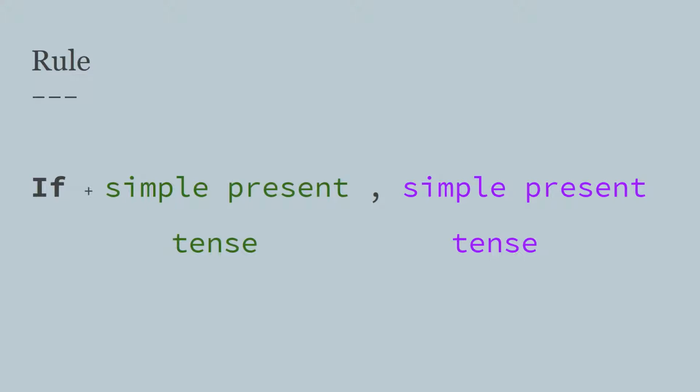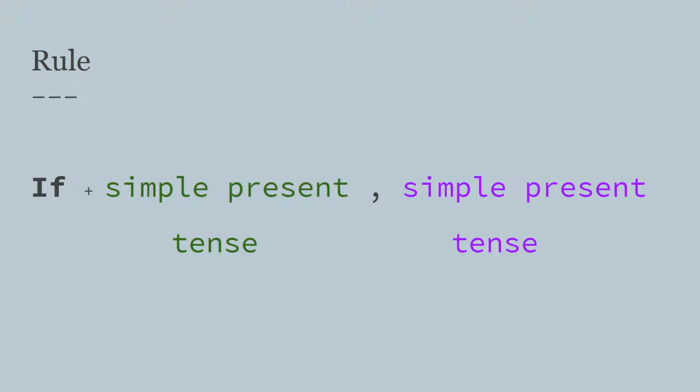So let's take a look at the rule of zero conditional. As I've said before, conditional sentences are sentences with if. And there are two parts in conditional sentences. The part with if is the situation section, and the part without if is the result section.